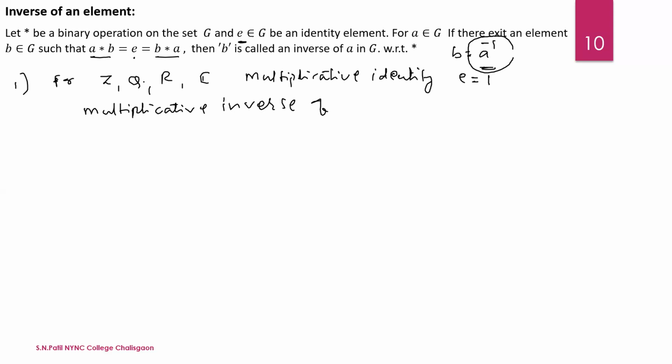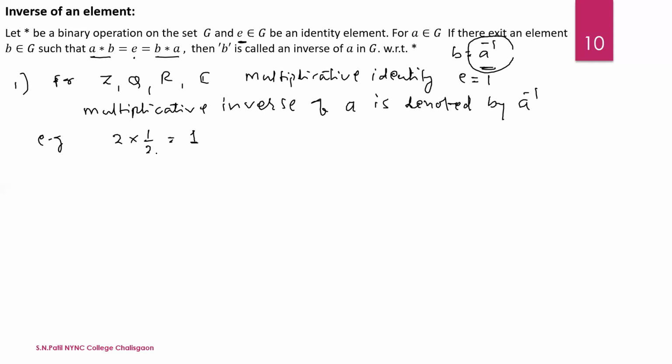Take any element, suppose I take A; then its inverse is denoted by A raised to minus 1. For example, in Z, if you take 2 and multiply, we want 1. How do we get 1?